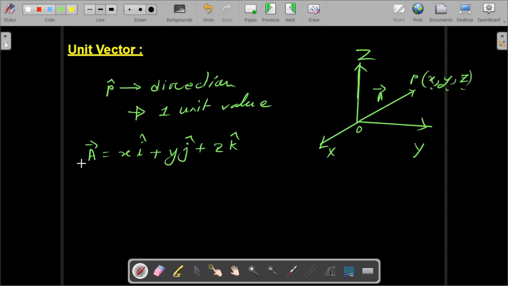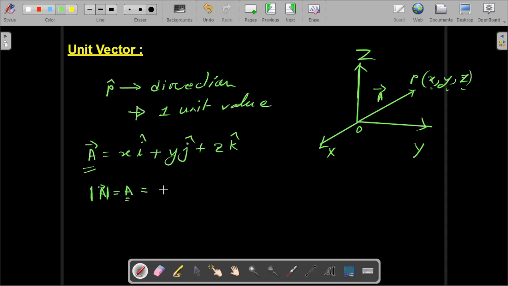Now we are going to find out the unit vector in the direction of a vector. How can we find out the unit vector in the direction of a vector? First, we have to find out the value of a. How can we write the value of a? Simply take modulus, right, in this way. Modulus of a vector. Modulus sign is only the value. So a here means only the value of a vector.